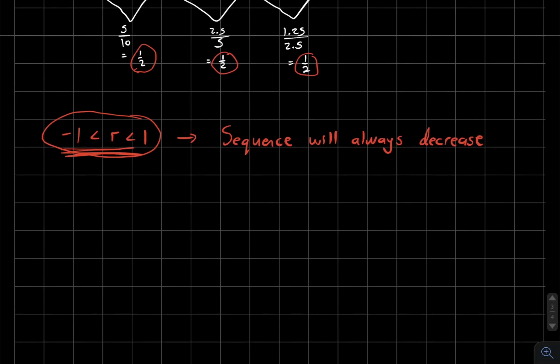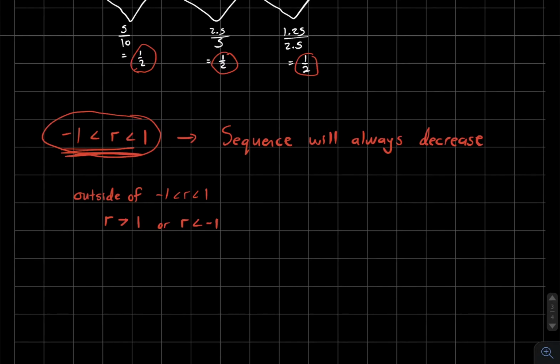And whenever r is outside of this interval, writing that mathematically, r is greater than 1 or r is less than -1. We don't include the ones because if you're multiplying each term by 1, it'll just remain the same. And the sequence is no longer geometric or arithmetic, it's just a row of identical numbers.